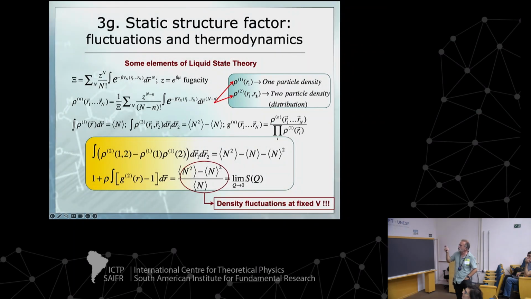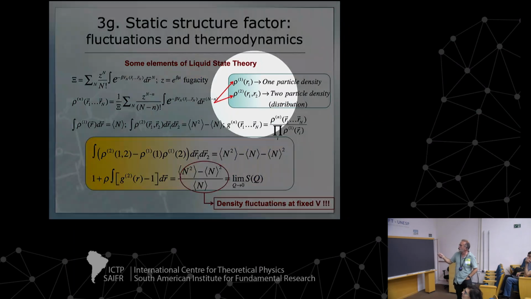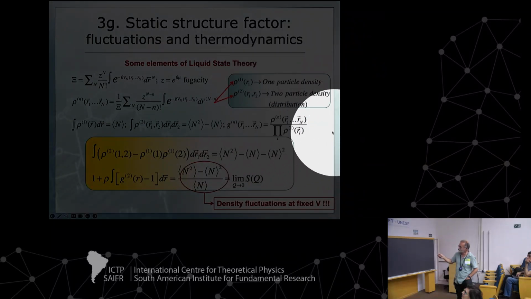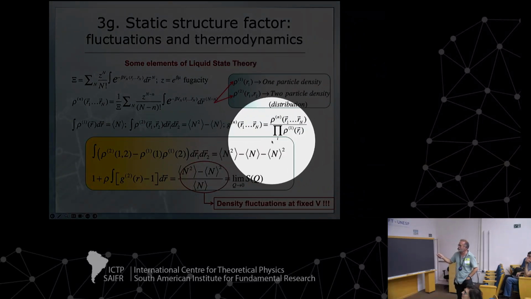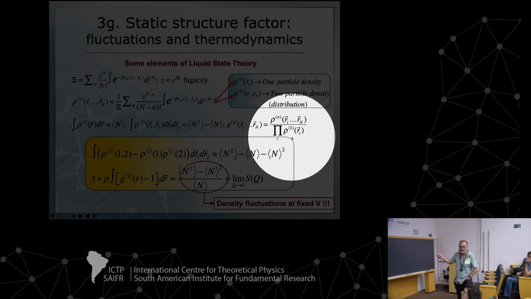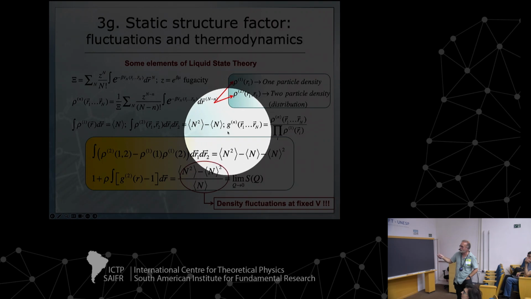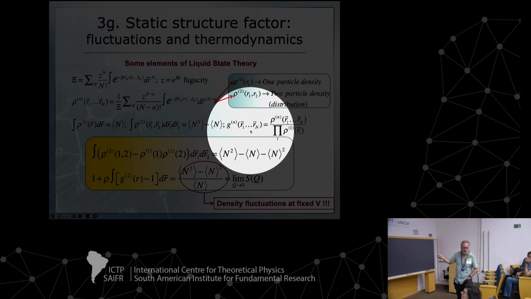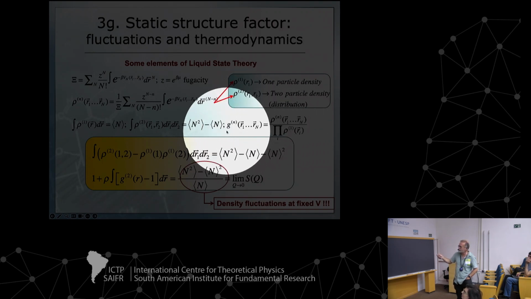The two particle density distribution, if you divide that by that of an uncorrelated system where density distributions are independent, so that's the product, you have the corresponding pair distribution function. These are densities, this is a distribution function.